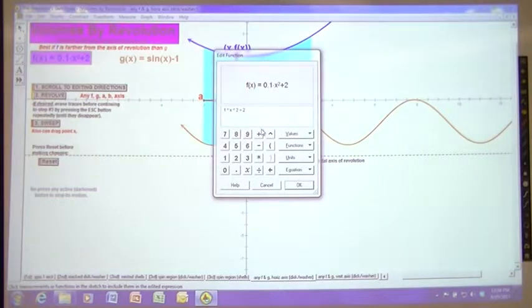We have our first function, that's going to be y equals x.